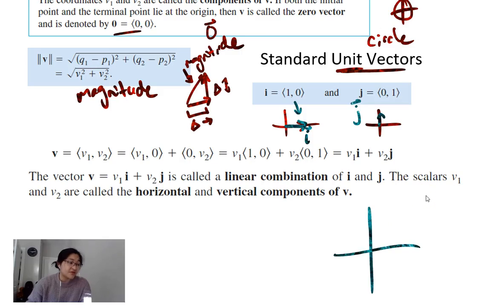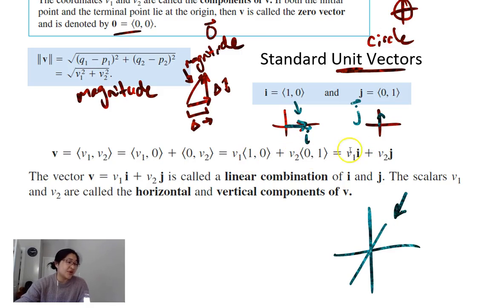If you have a graph that looks like this, where this one right here is popping out of the screen, we're working in just 2 dimensions right now. And then you have scalars that are the vertical and horizontal components. So these are weights.